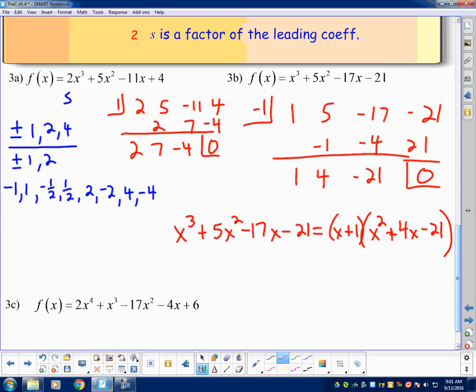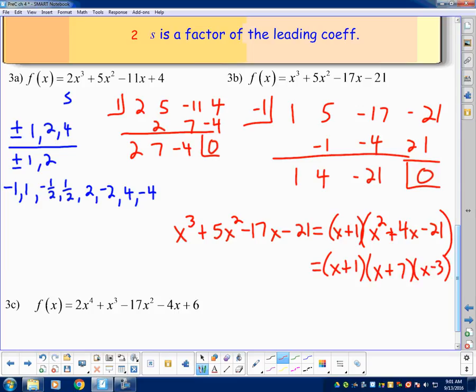So is this factorable, the quadratic that's left over? So what are the factors? 7 and negative 3. Okay, so let's go ahead and finish it off then. With x plus 1, and you said x plus 7 and x minus 3.